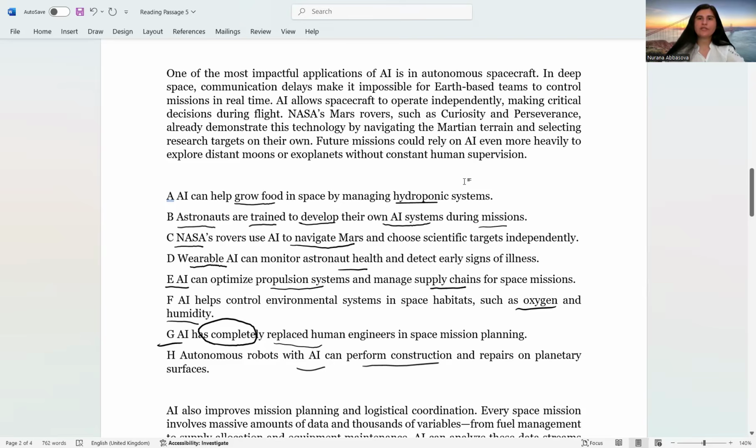NASA's Mars rovers, such as Curiosity or Perseverance, already demonstrate this technology by navigating the Martian terrain and selecting research targets on their own. Future missions could rely on AI even more heavily to explore distant moons or exoplanets without constant human supervision.